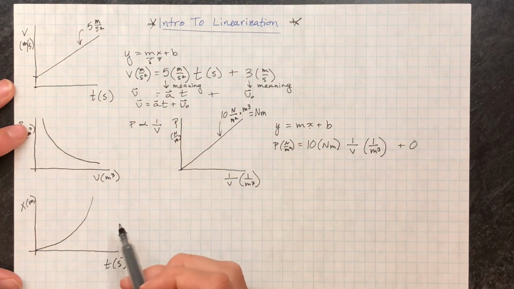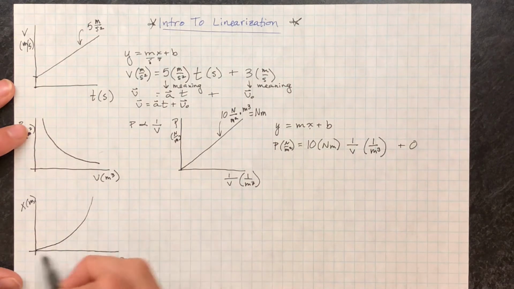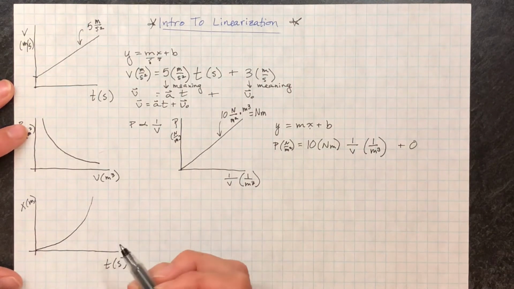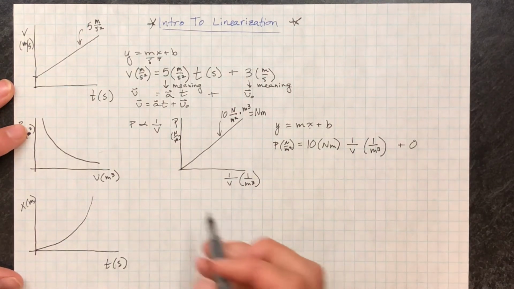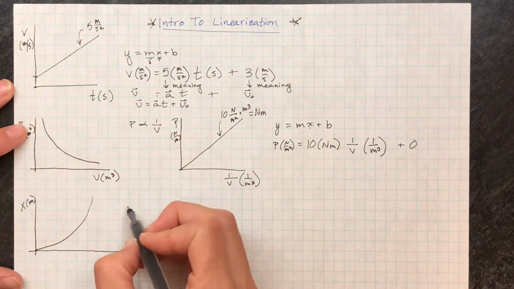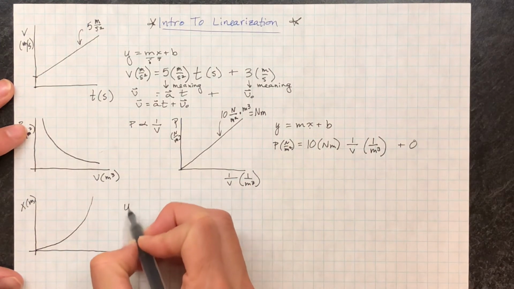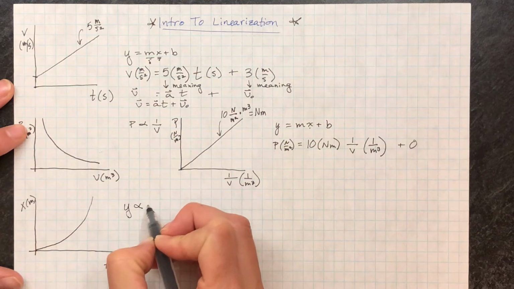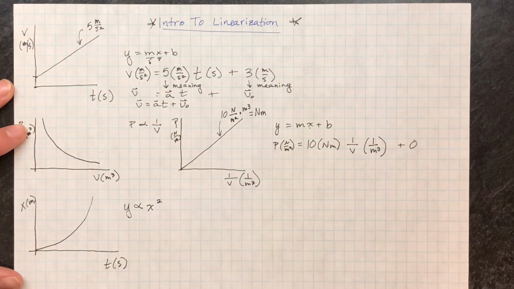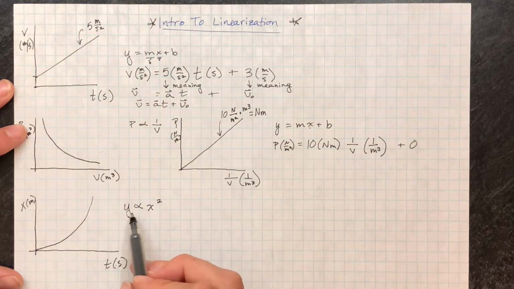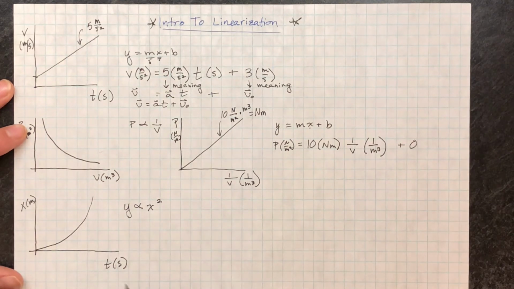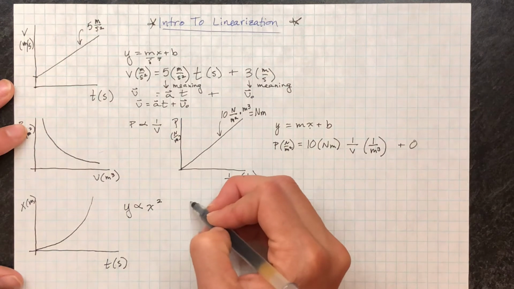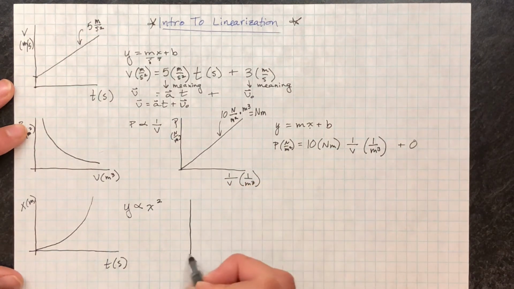Now, in math class, if you were to see this shape, you might say, oh, that's a parabola. And I know that a parabola follows the rule that y is proportional to x squared. And so what we're going to do is square all of our independent values in our data table.